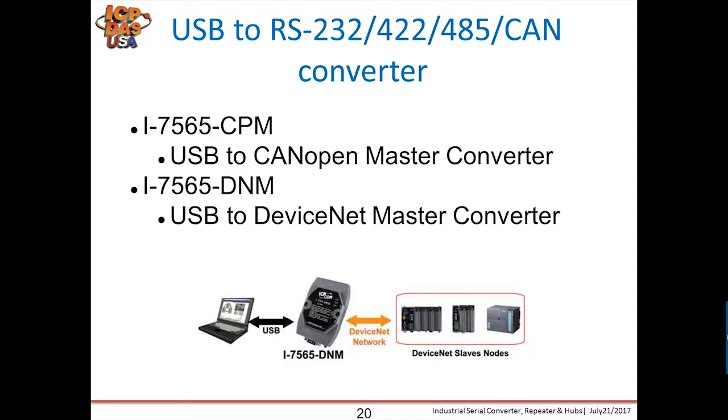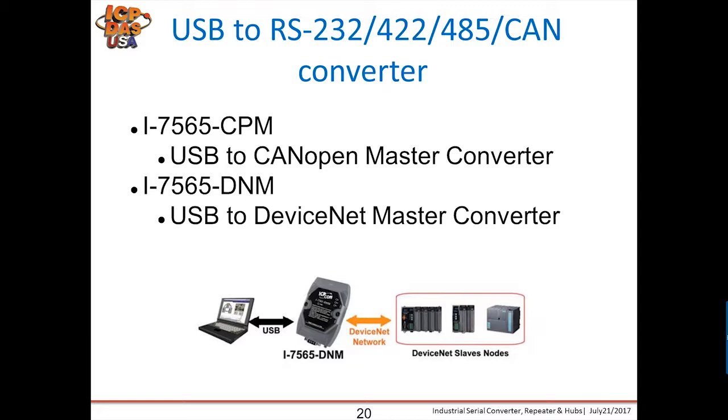It will also solve the complexity of protocol for the user. It can communicate between the computer and the i7565 CPM USB interface to remotely control the device quickly and easily. Due to the USB interface, it can create a CANopen system effectively.